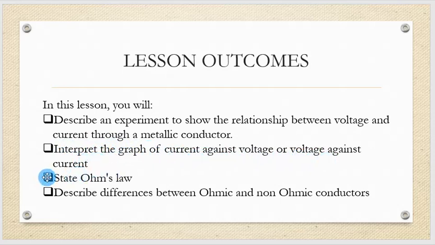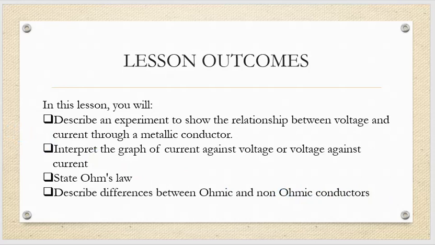Then you are going to state Ohm's law, and finally you will describe the difference between ohmic and non-ohmic conductors. At the end of this presentation you will do an exercise that involves a question that was extracted from a Zambian past paper.